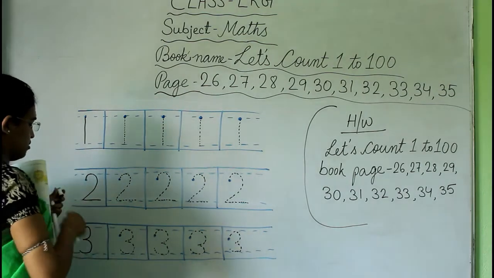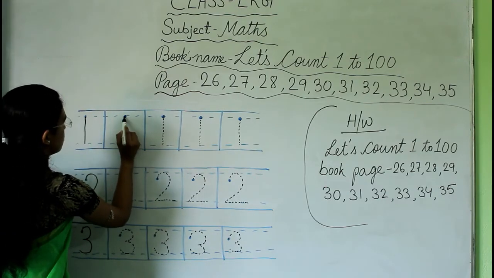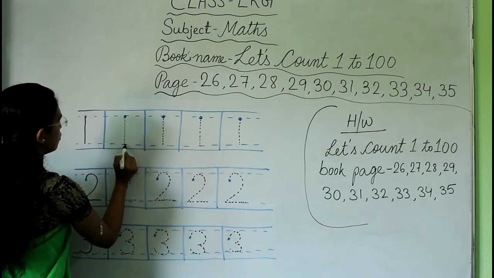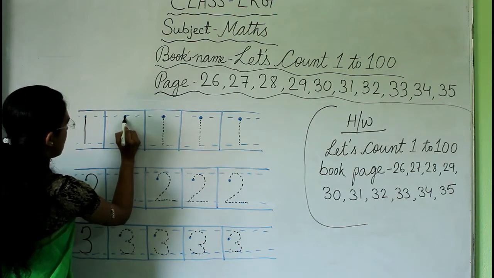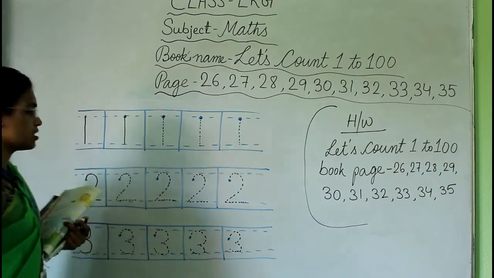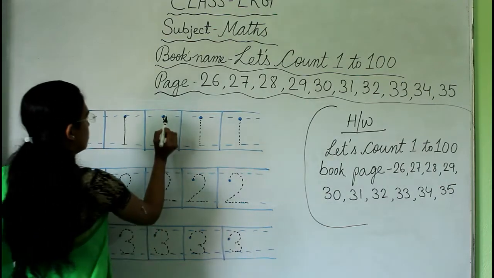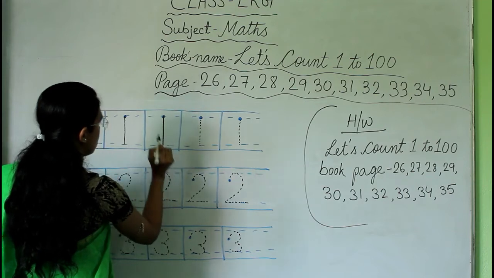Look. Start from here. Okay. Not from here. Don't write from here to here. When you write 1, start from here and draw a straight line like this. This is number 1. From here down like this.